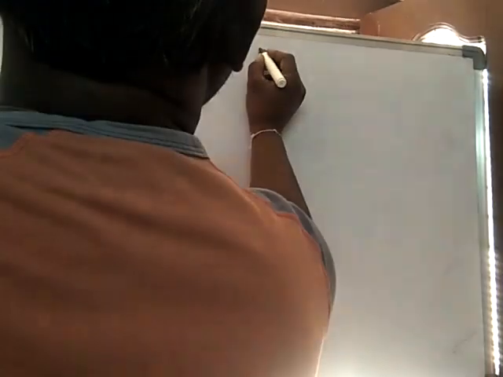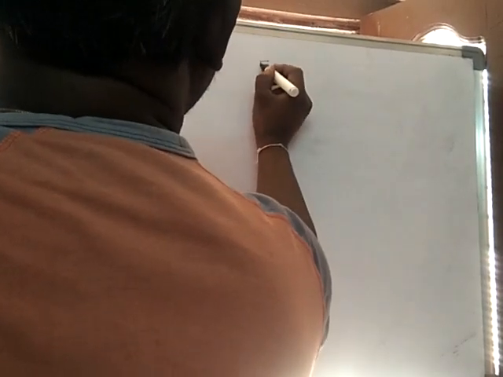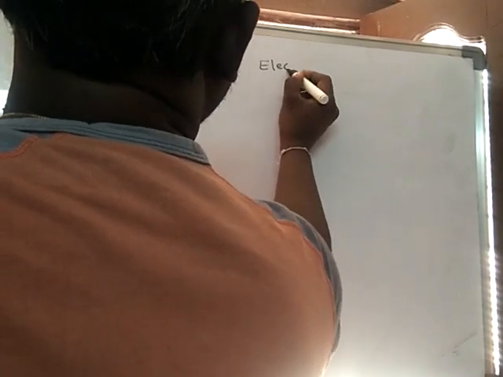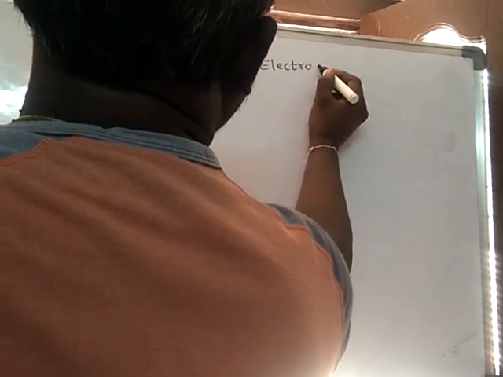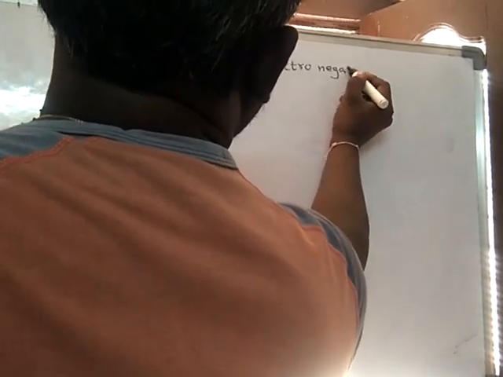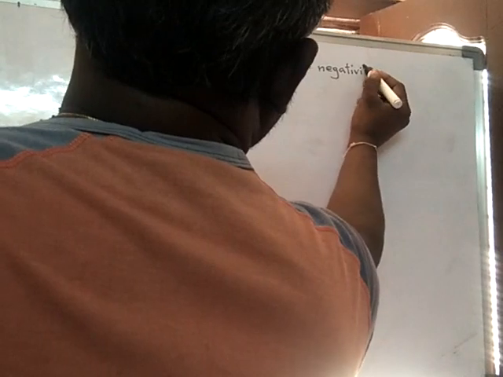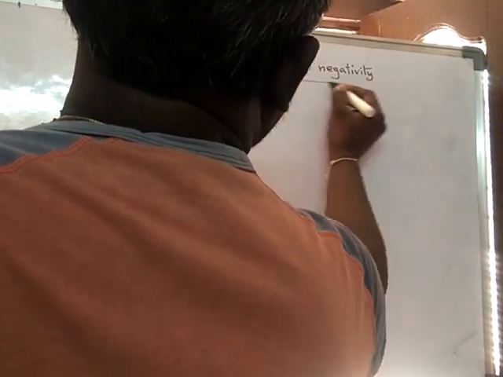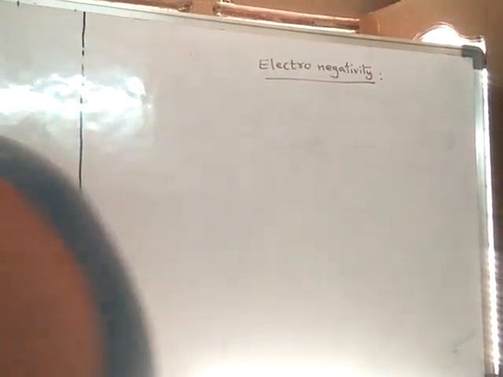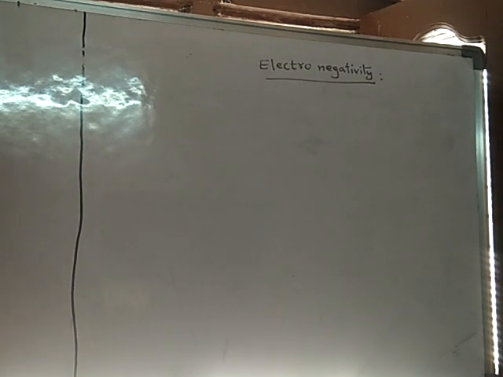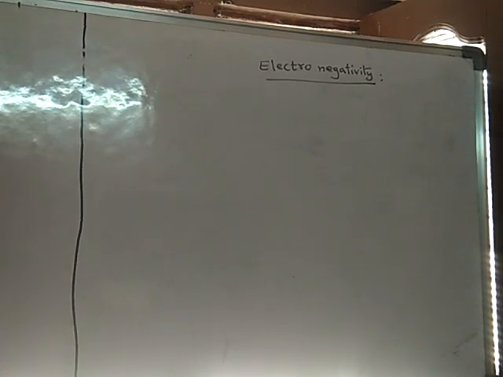Now we are going to learn about the second property which depends upon the position of the element, which is electronegativity.